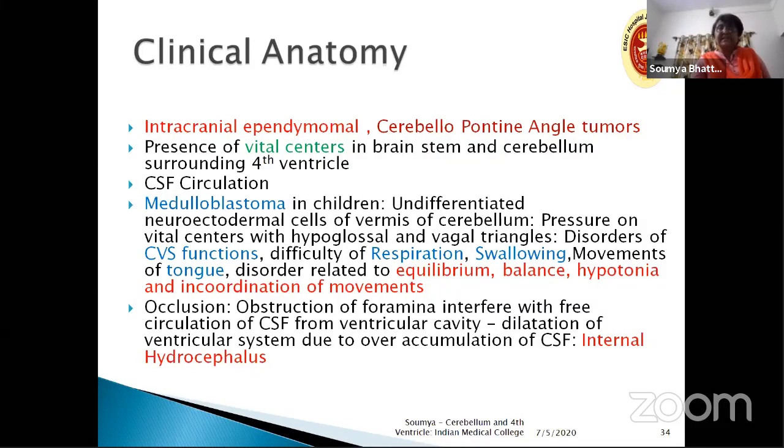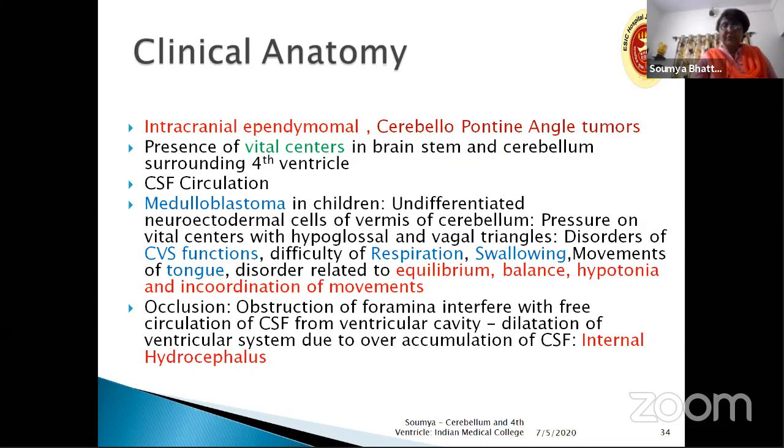The CSF gets accumulated in the ventricular cavity, and there is a dilatation of the ventricular system due to overaccumulation of CSF, and it is known as internal hydrocephalus. So hydrocephalus is the increased accumulation of CSF leading to the ventricular system getting dilated. This is a clinical condition which is commonly found.